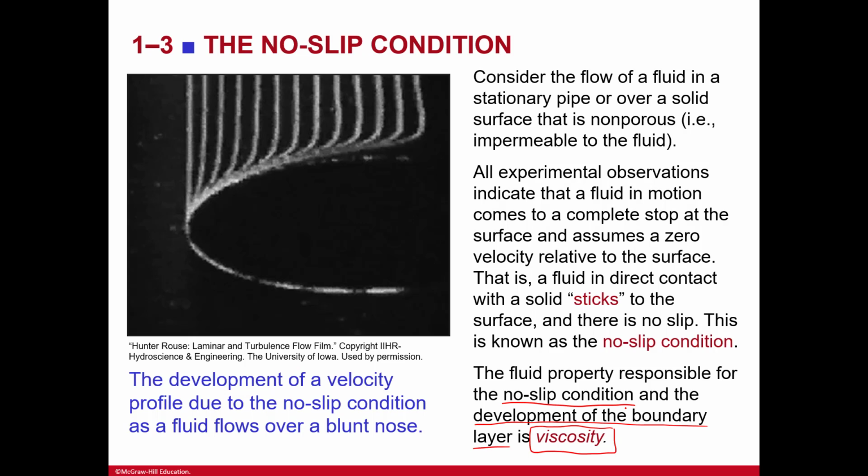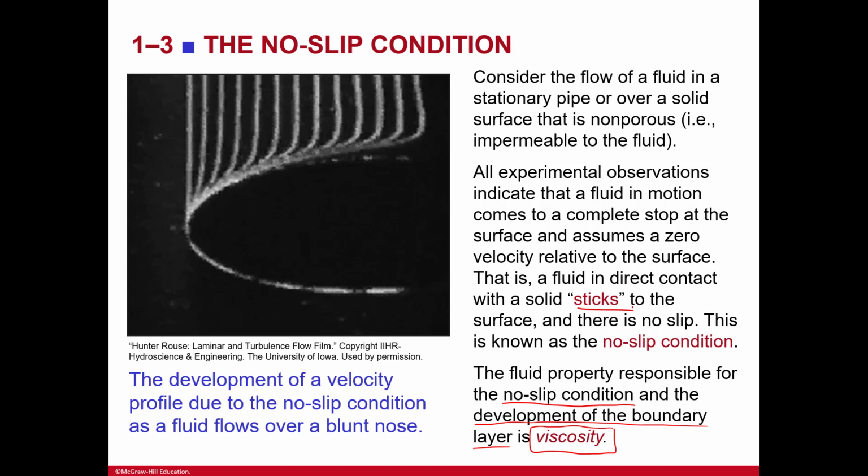So we saw these fluids going over a non-porous material, and we were seeing the development of that boundary layer. Then we investigated it further and saw that we had this no-slip condition, where the fluid that comes into contact with a solid sticks to the surface. It doesn't slip across it, it sticks to it, right? And we assume that the zero velocity is relative to the surface. So there's nothing, it's just sticking.